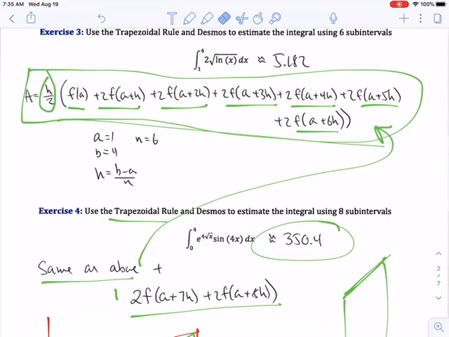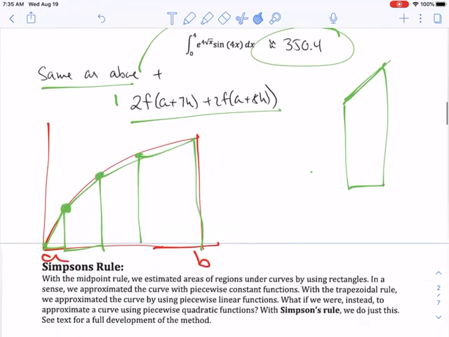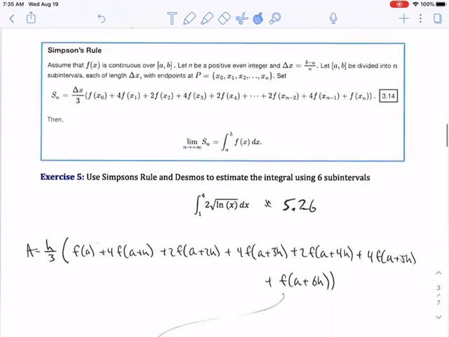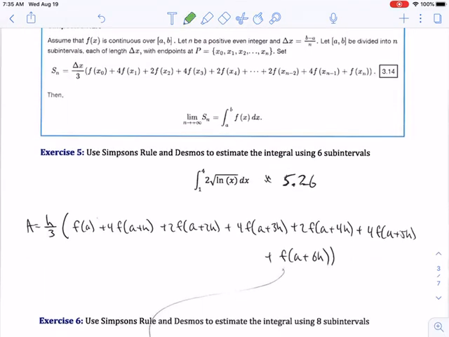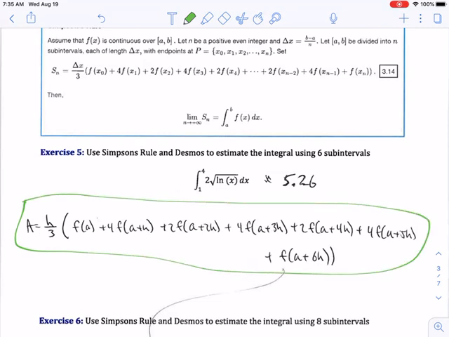Finally, Simpson's rule. Okay, here's Simpson's rule. Again, I programmed this into Desmos for you, but you should understand enough that you could program this into Desmos yourself. The rule is written up here, and I like my version a little bit better: h divided by 3.